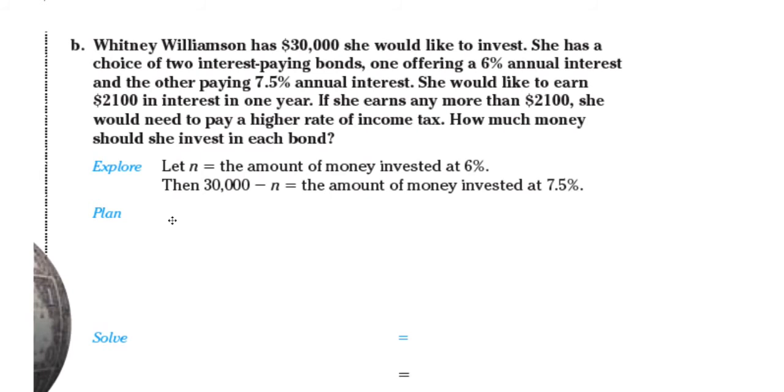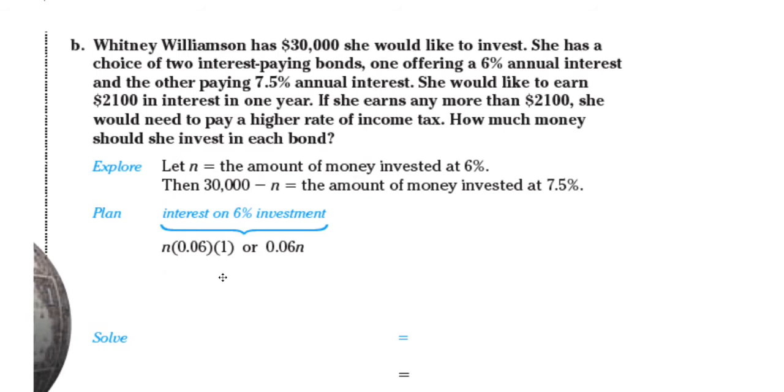In planning to solve this, you have the interest on the investment at 6%, which is N times 0.06 times 1, because that's 1 year, or 0.06N. Again, this is coming from the formula I equals PRT. The principal is our N, 0.06 is our annual interest rate, and that 1 is for a year.